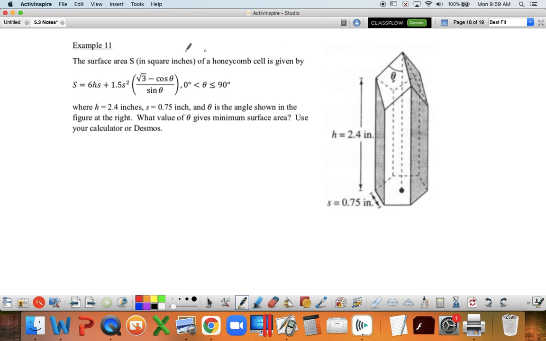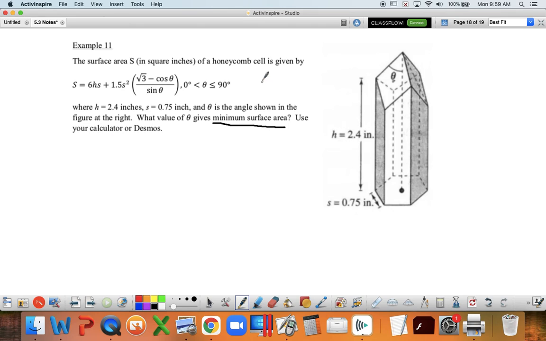We want to figure out, if the height value is 2.4 inches and our S value is 0.75 inches, kind of our width, what value of the angle will give the minimum surface area? So you notice we're not plugging in values for theta here. We want to figure out what angle theta will give us the minimum surface area.